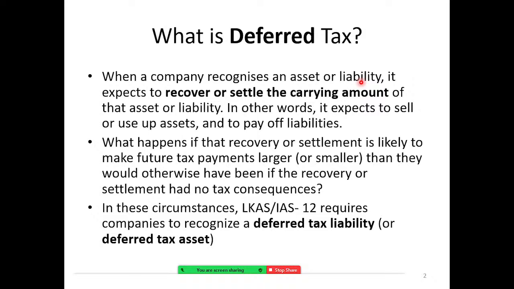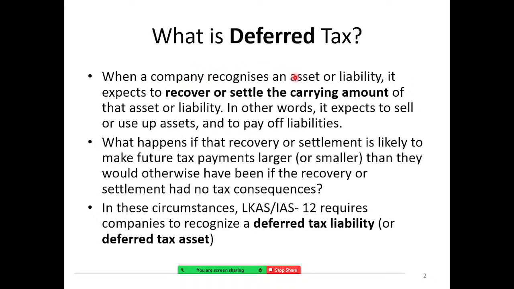So what do we mean by asset recovery? When the value of the asset today is 10,000, it means you are going to recover this 10,000 in future periods. You are going to get the benefit of the asset. The benefit you are going to receive in the future from a particular asset is 10,000. That is recovery. As far as liability is concerned, if we have a liability of 10,000, in future you have to settle that 10,000.